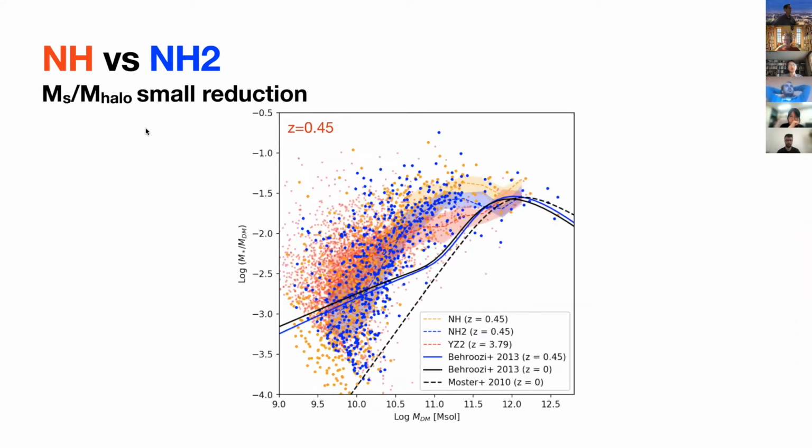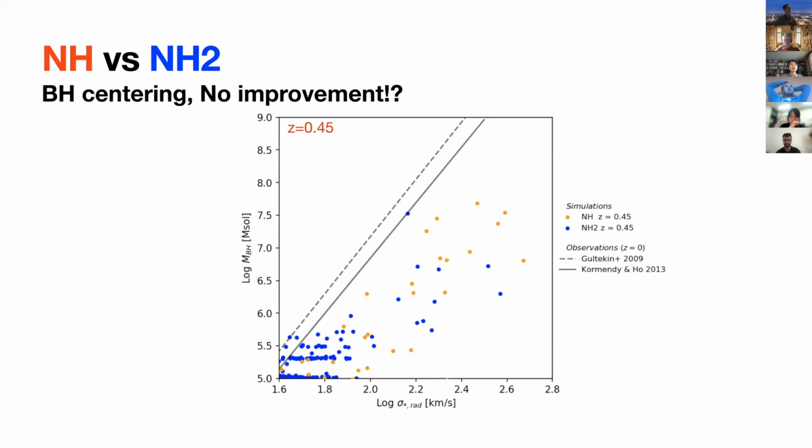And the stellar mass over halo mass relation has improved just slightly. The orange band is the previous New Horizon, and the blue is New Horizon 2. So as you can see, it has improved just slightly. And the black hole hasn't improved at all.